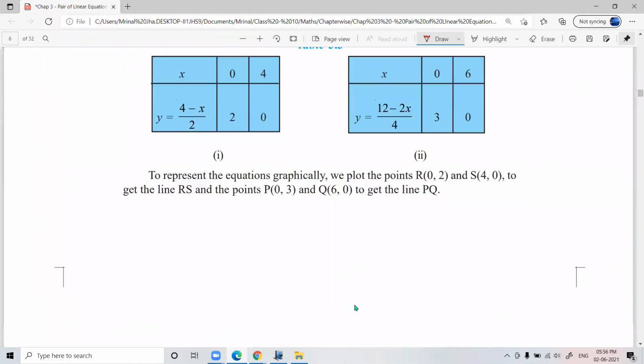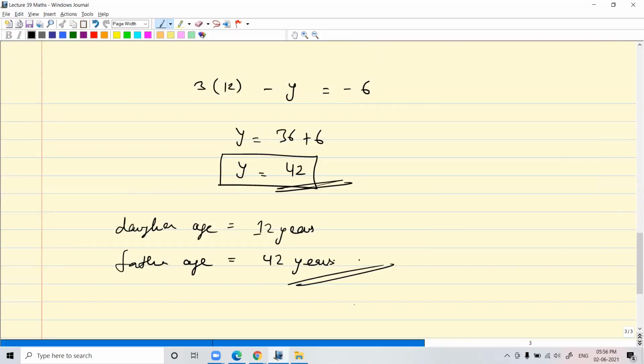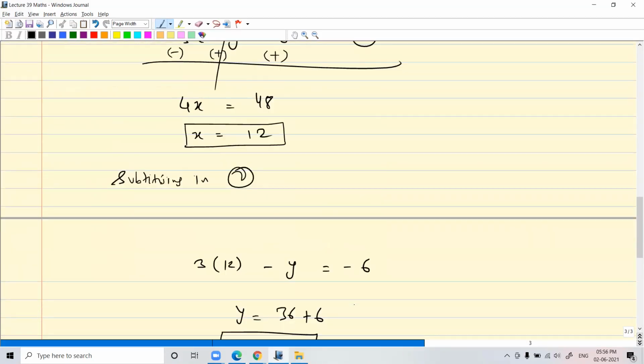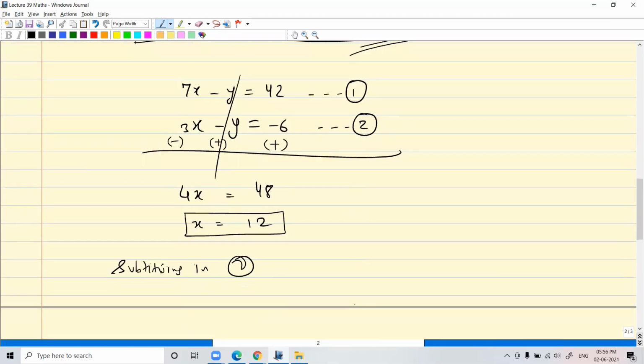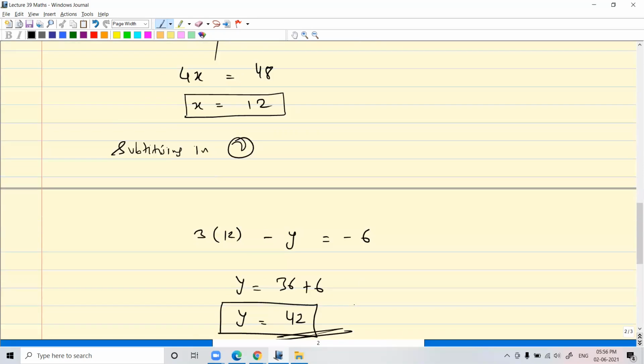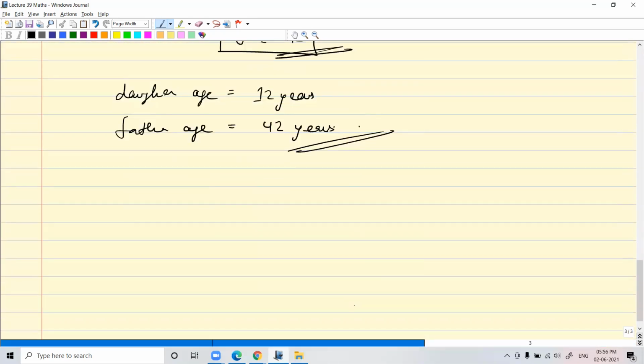Sir, can you do it in substitution also? Okay. So if we have to do it in substitution, then let me write the equations again. 7x minus y is equal to, so what was the equation?